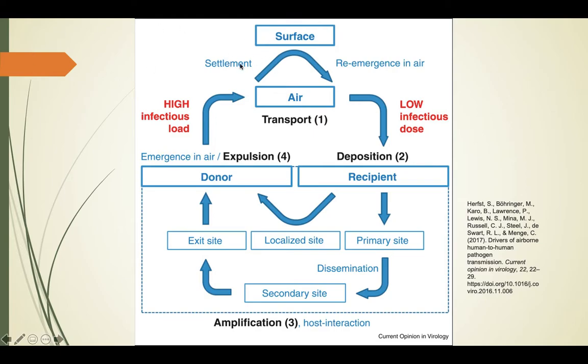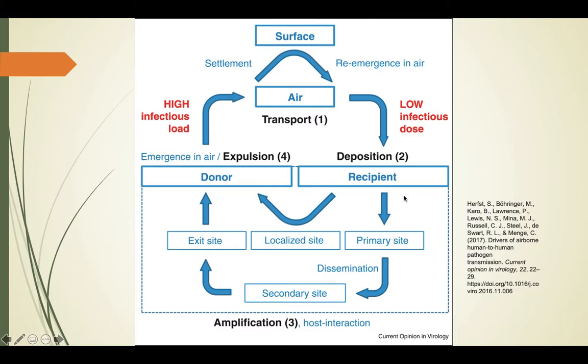Any settled droplet will die and will have no opportunity to re-emerge in the air. Then a low infectious dose, we expect that because of course there's an intermediary, especially for large droplets. A low infectious dose will be sufficient for deposition of the pathogen from the donor to the recipient.